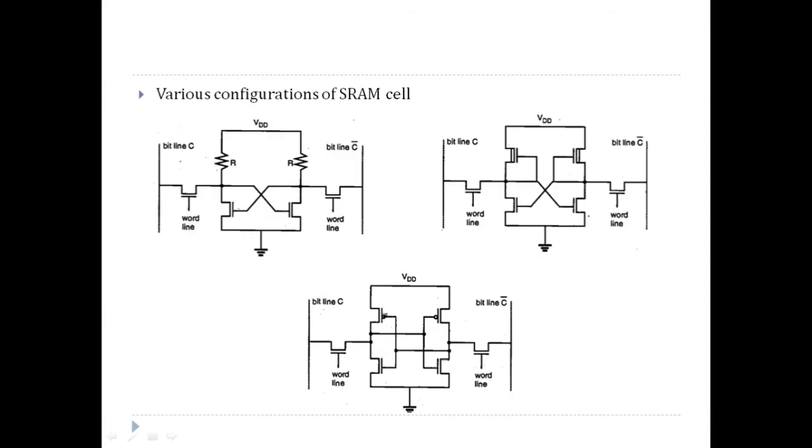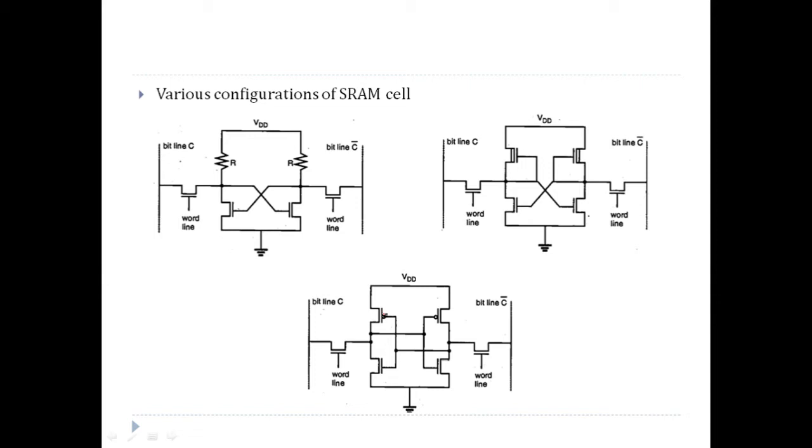So if we summarize, out of these three configurations, static CMOS SRAM cell has more advantages than limitations. Of course, static CMOS SRAM cell has a disadvantage as well. The number of transistors that need to be fabricated is more. That is one of the limitations of the CMOS SRAM cell.